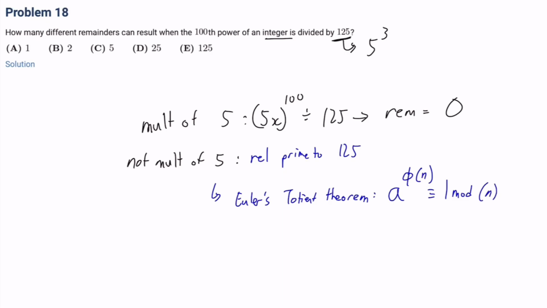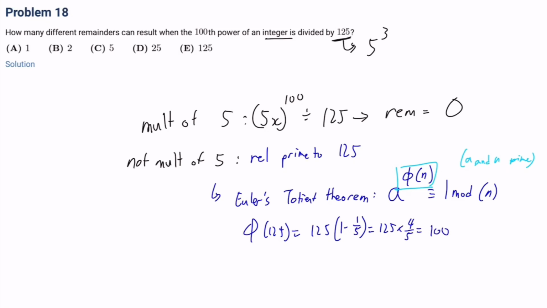This is only when a and n are relatively prime. And that function here is the Euler's totient function. The Euler's totient function of 125, so phi 125, is going to be 125 times, its only prime factor is 5, so 1 minus 1 over 5. It's 125 times 4 over 5, 25 times 4, which is 100, which exactly happens to be our power.